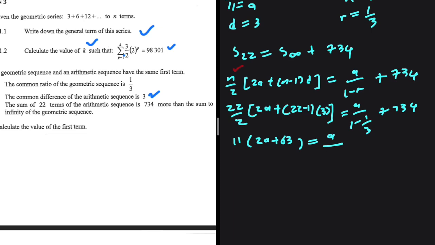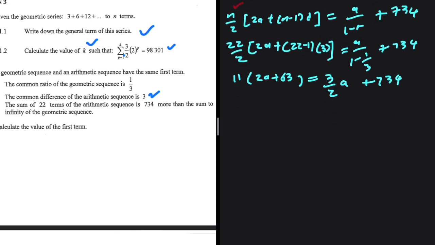So a divided by 2 divided by 3 gives us 3 divided by 2 times a, plus 734. Let's multiply out on the left hand side. We get 22a plus 63 multiplied by 11, that is 693, equal to 3 divided by 2a plus 734. Let's take the a's to the left hand side and the constants to the right.